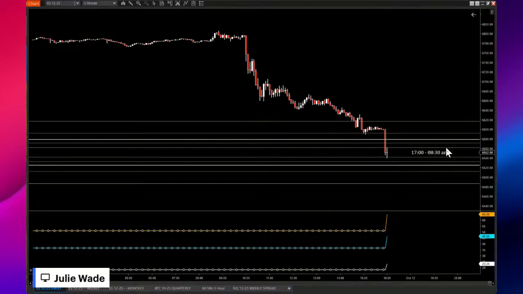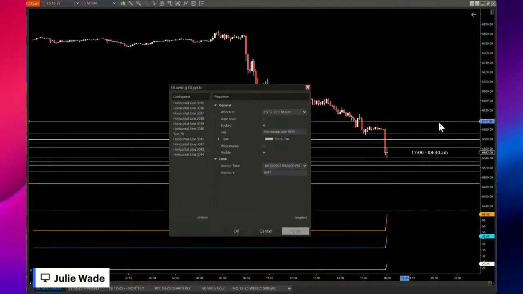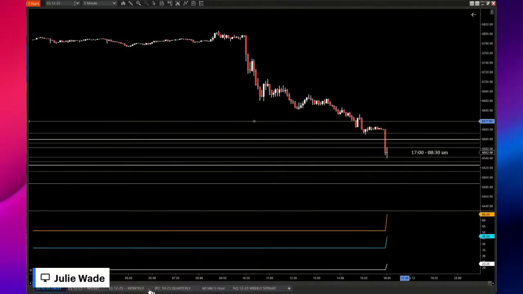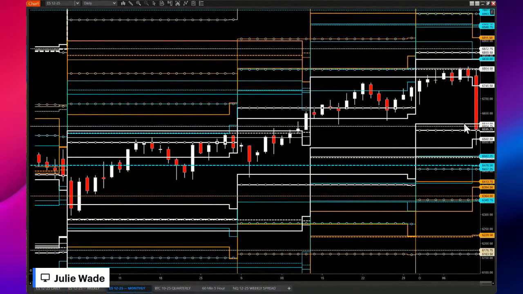Did we have one around 6614? Yeah, we did up here, 6617. So this 6617 is in confluence with that monthly 6614. So that might be a strong level blocking that 6700.